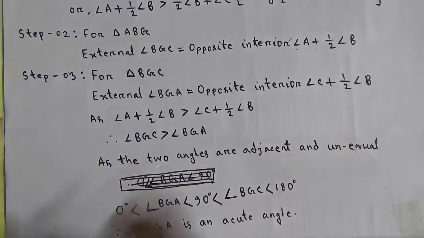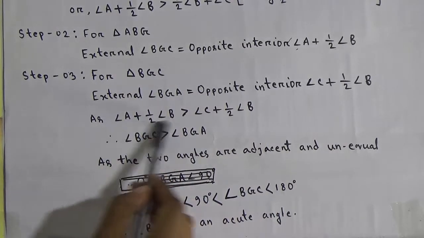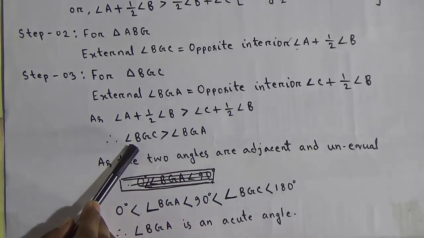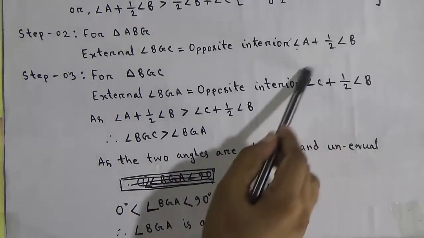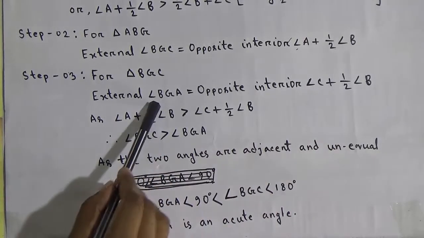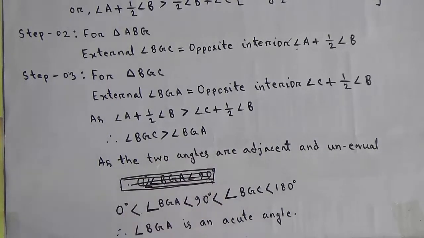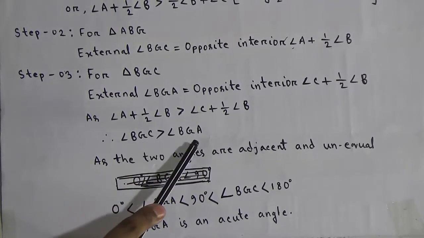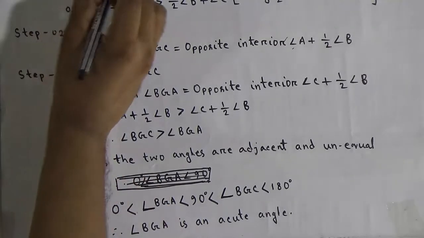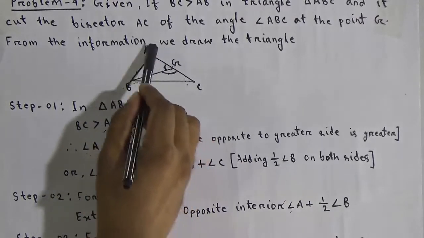Here A plus half of B equal to angle BGC, so instead of A plus half of B we can write angle BGC. Again, C plus half of B equal to what? Here C plus half of B equal to angle BZA, so instead we can write BZA. That means finally we can write angle BGC is greater than angle BZA.